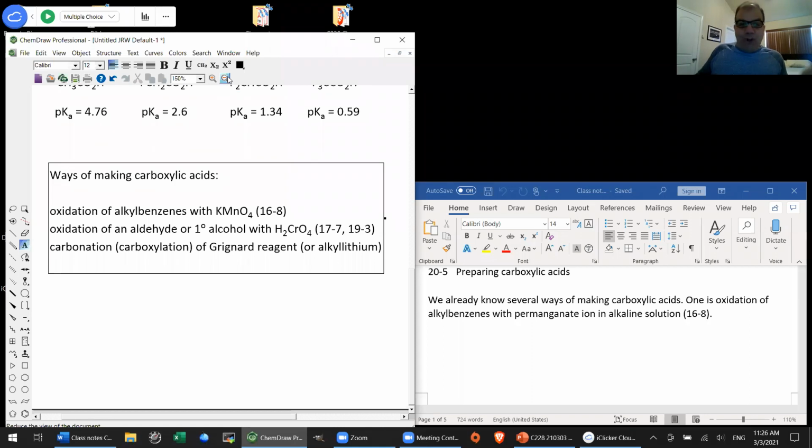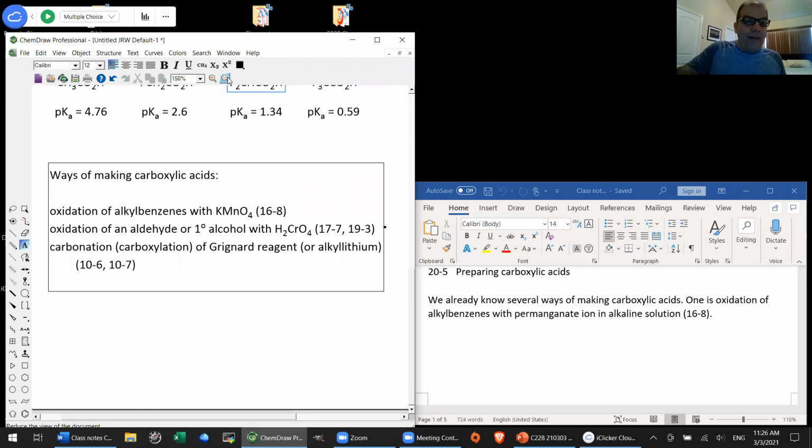Or again, recall for our purposes at least, and really for pretty much any other purpose I could think of, Grignard reagents and alkyllithiums are interchangeable. Whatever you can do with one, you can do with the other. And you can read about that in 10.6 and 10.7. And so we've covered that reaction already. 10.6 and 10.7 will remind you of what Grignard reagents and alkyllithiums are.